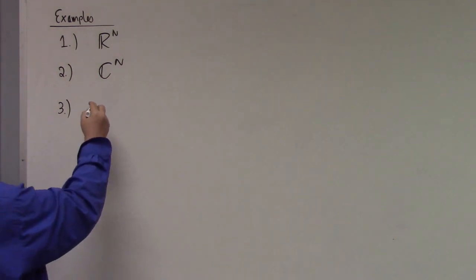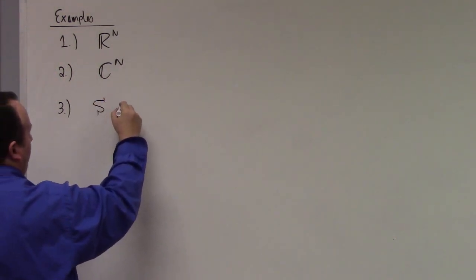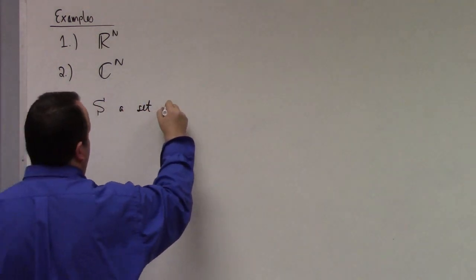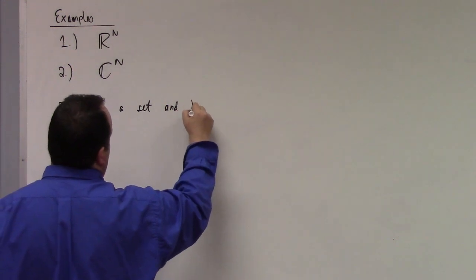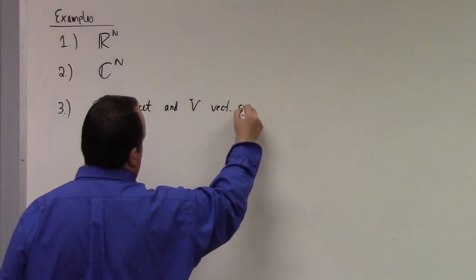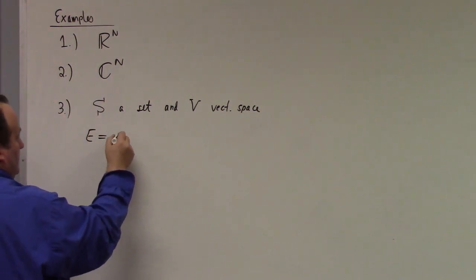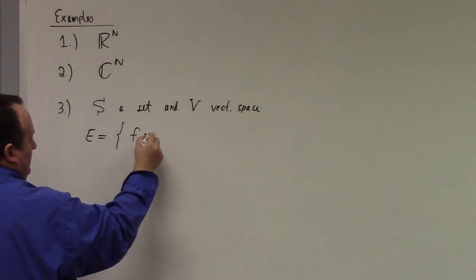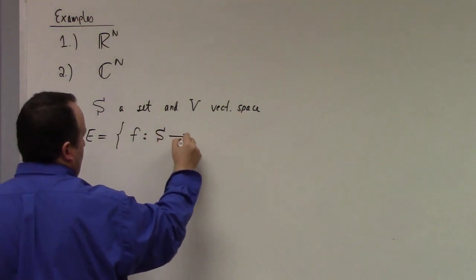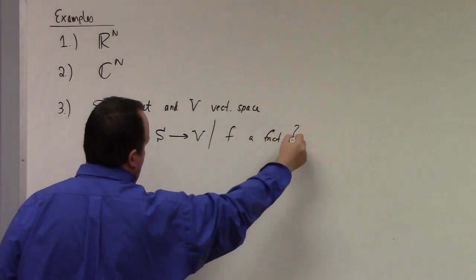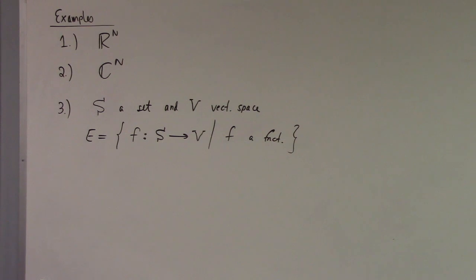So, if we have S as a set, and V a vector space, you can define E to be the set of F from S to V, F a function. And this will define a vector space.